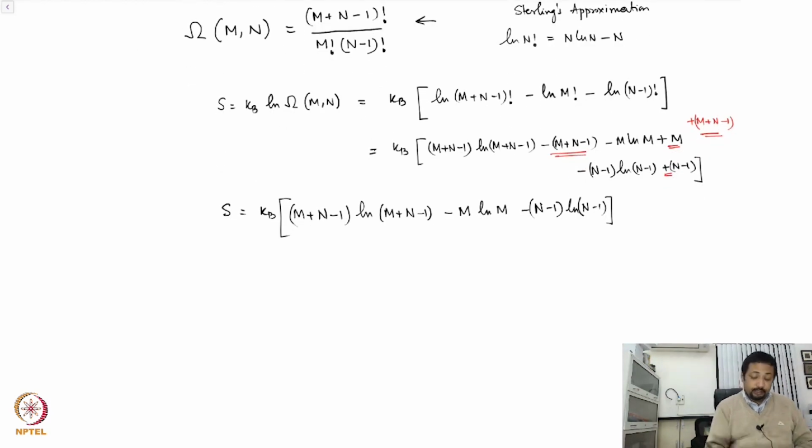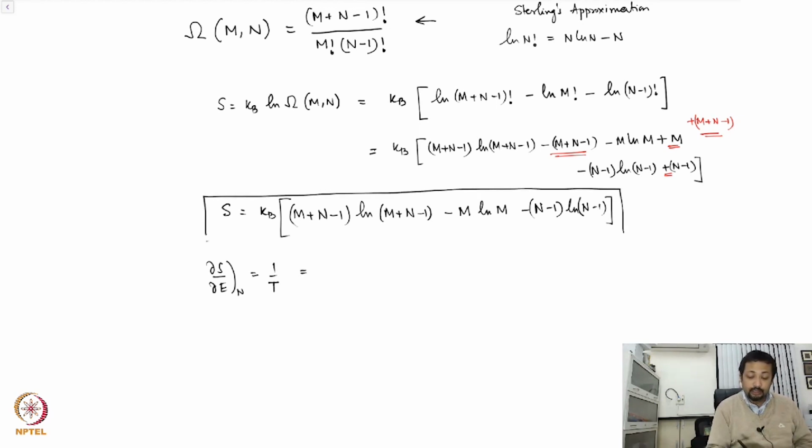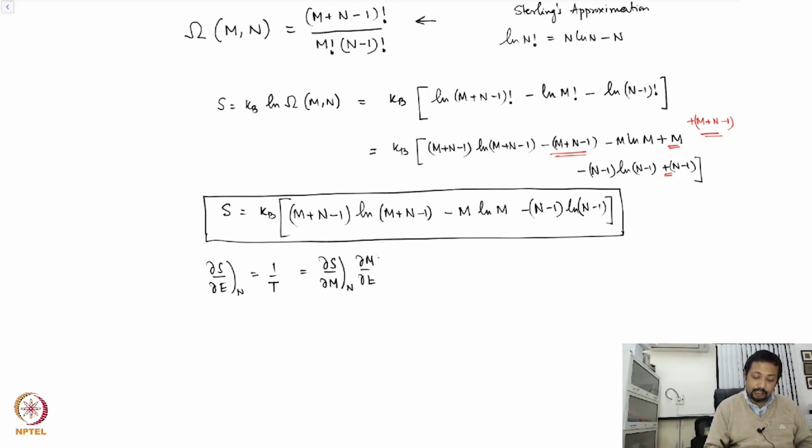To proceed further, we note the thermodynamic relation: del S del E, with n held fixed, is 1 by T. Although this expression for the entropy looks complicated, and taking the derivative might be cumbersome, one can simplify this by writing del S del m with n held constant, times del m del E with n held constant.